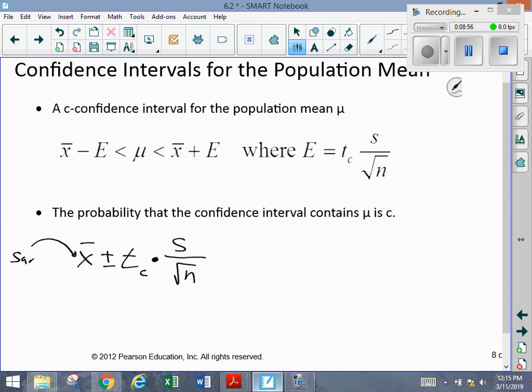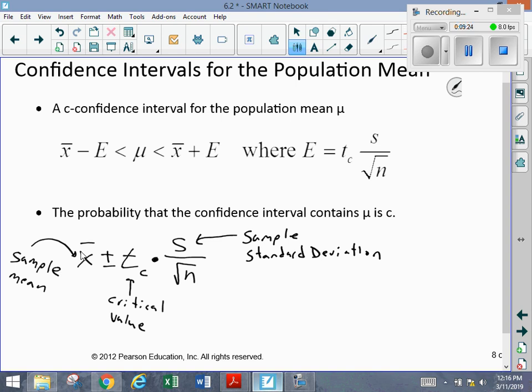This is your sample mean. This is your critical value. This is your sample standard deviation. And this is your sample size.